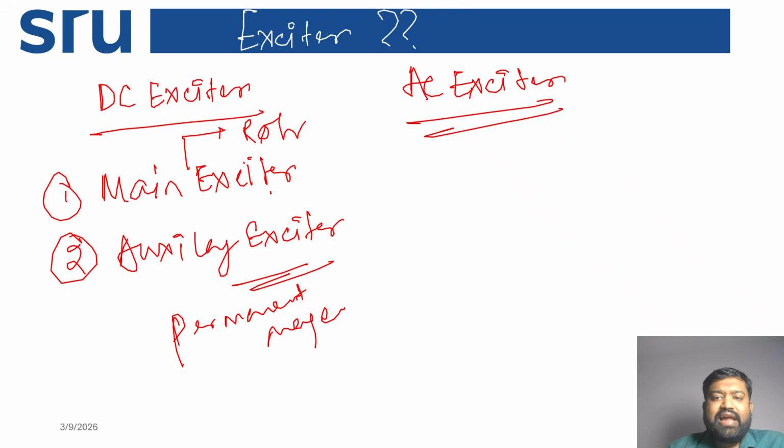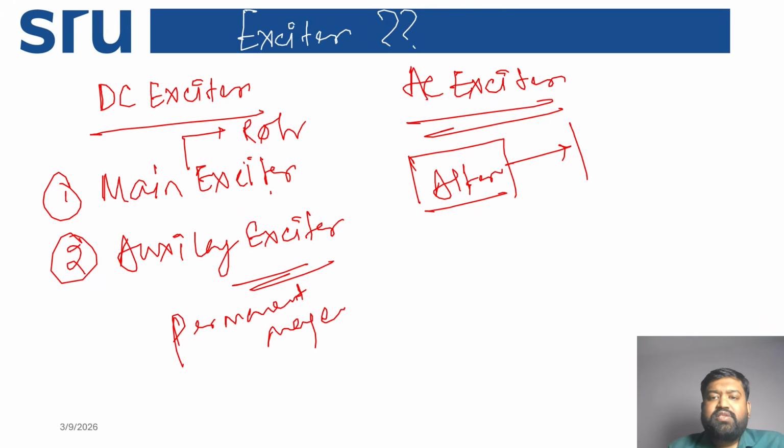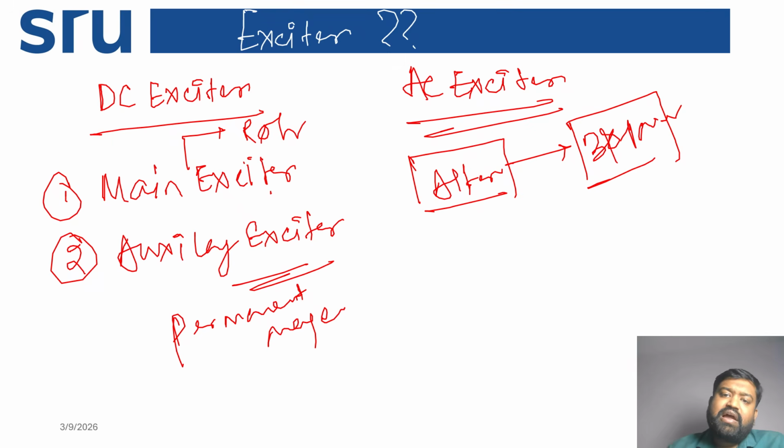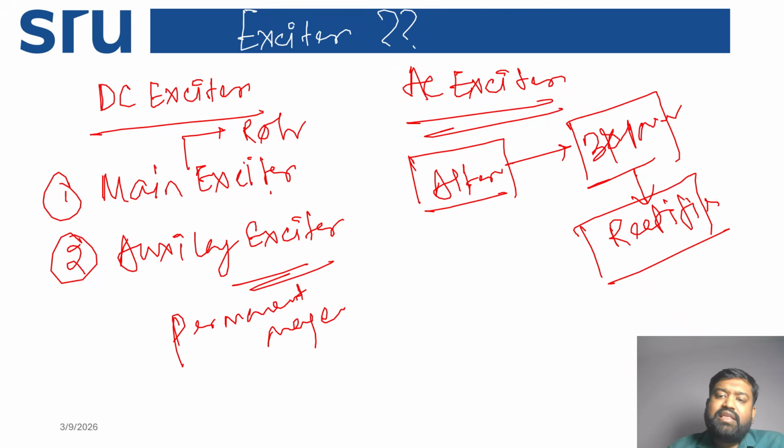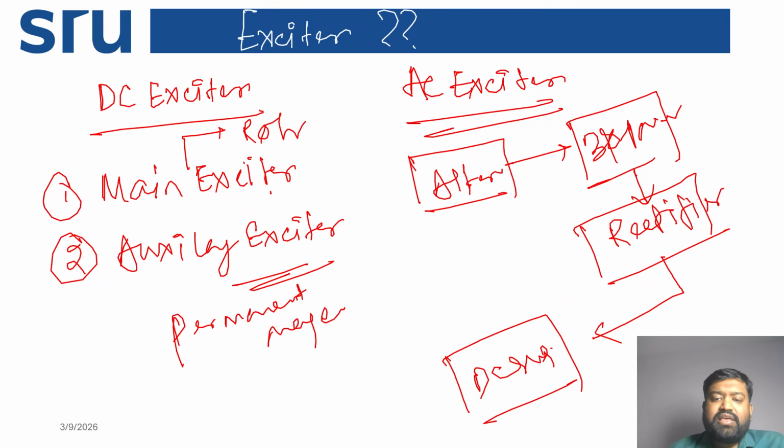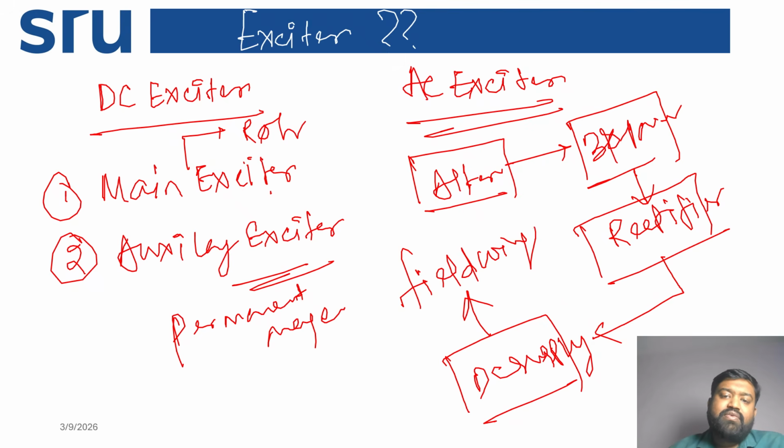But in the AC exciter, you need an additional alternator, and this alternator produces three-phase power. If you give the three-phase supply to the rectifier, it will produce DC supply, and then you can use the DC supply to feed the field windings.